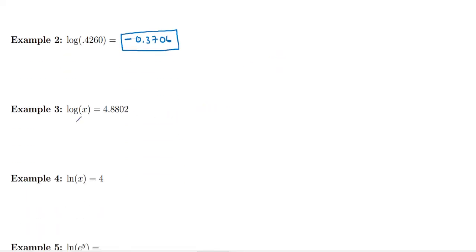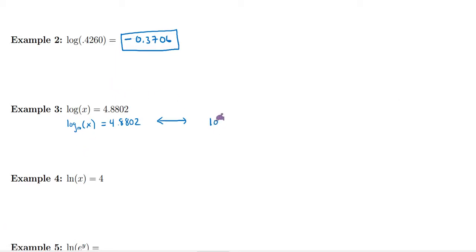Now if you have log of x is equal to 4.8802, then this is the same thing as saying log base 10 of x is equal to 4.8802, and that translates to an exponential equation, right? If I have the base, then this becomes the base to this power.